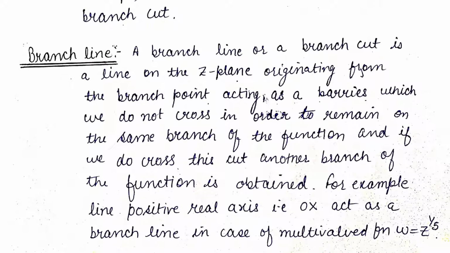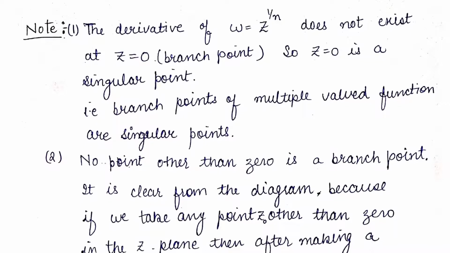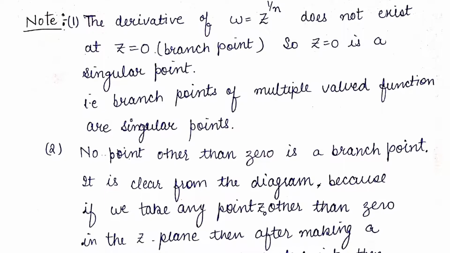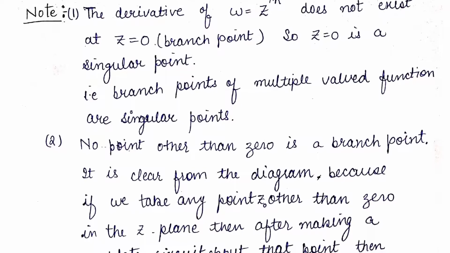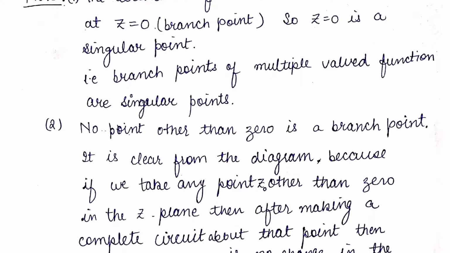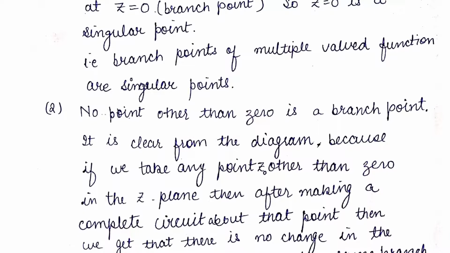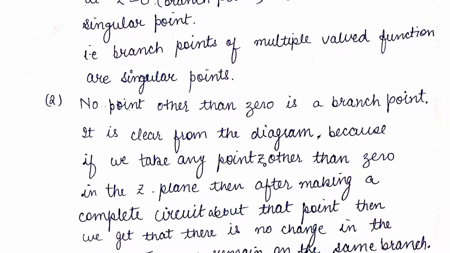The line theta is equal to 2 pi is the branch cut of the function w is equal to z raised to power 1 by 5. Now as we know that the branch points are the points where the function's derivative does not exist, that is where the function is not analytic, these points are also called the singularities of the multi-valued function.